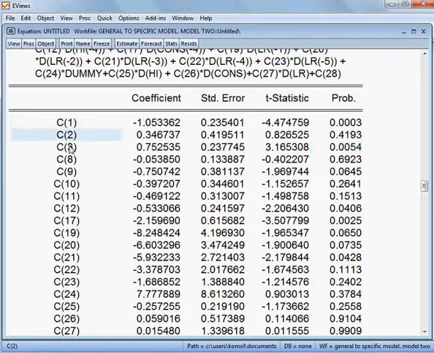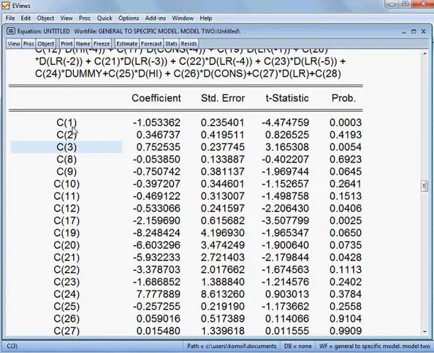But out of these three, only C1 follows the rule. C1 actually is right, because it is negative and it is significant. But the other two are not following the standard guideline.